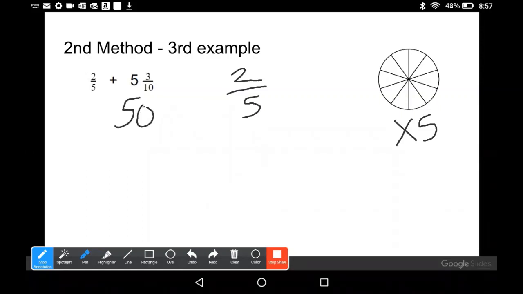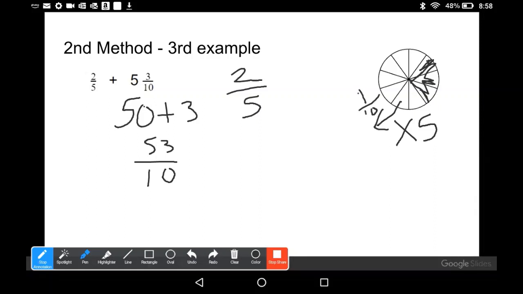And then I have an additional 3/10, so I have 3 pieces in there. So plus the 3 gives me 53/10. Each one of these pizzas is a 10th, and I have 53 of those little pieces of pizza.